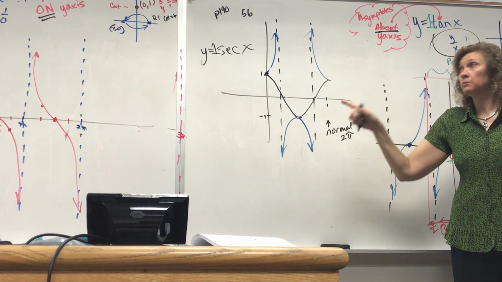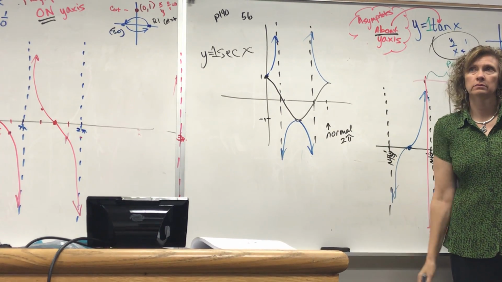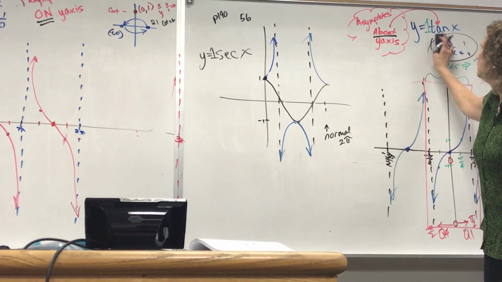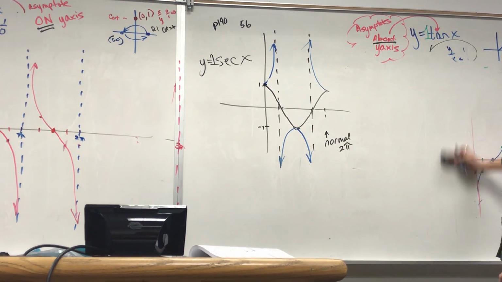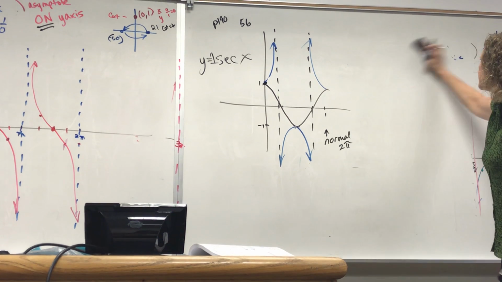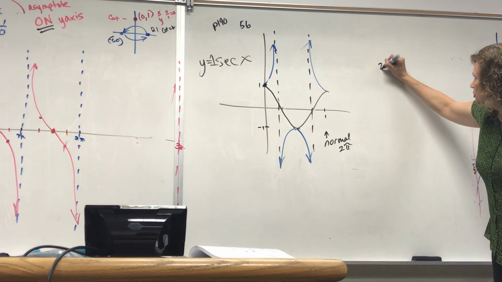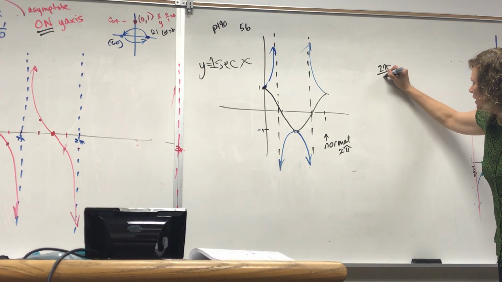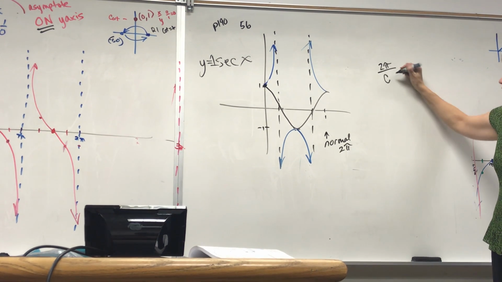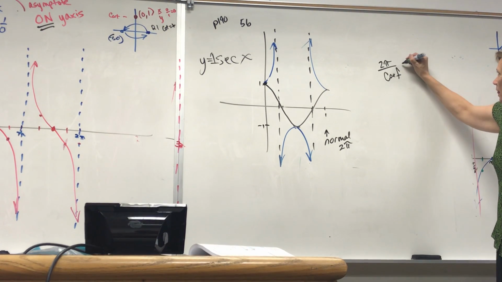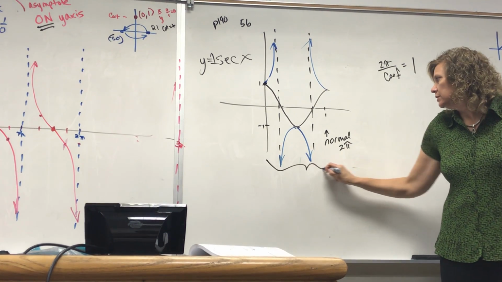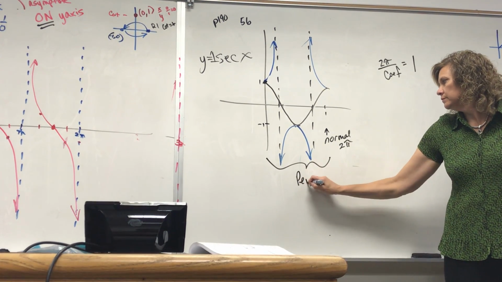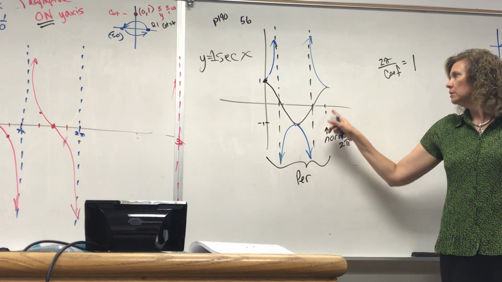Except this one is going to be one of those ones where it's 1. They're like, what? All right, so this is how I think about it. 2 pi divided by the coefficient that I want to figure out has to be 1. So this right here is the period, because it does the complete cycle.